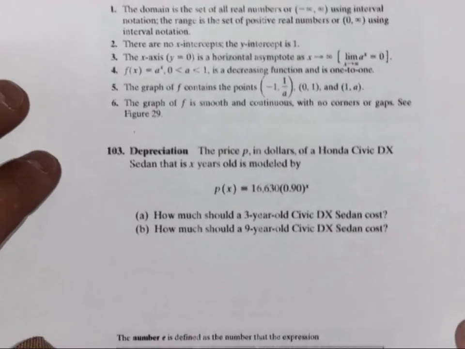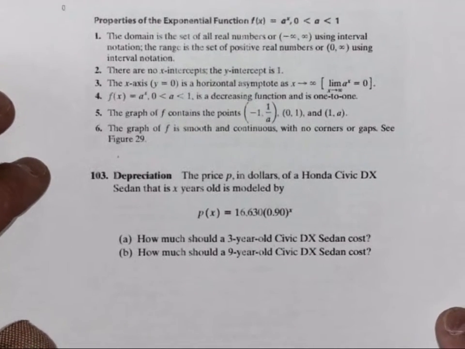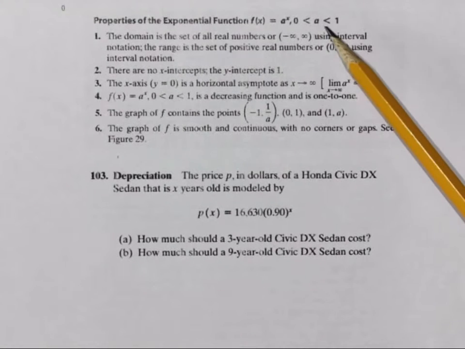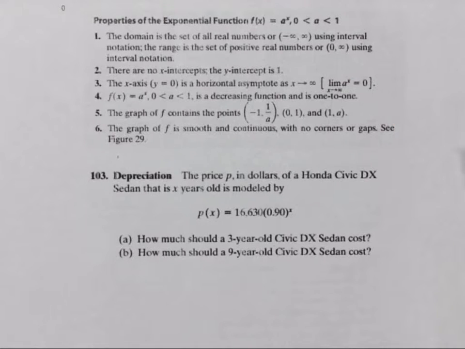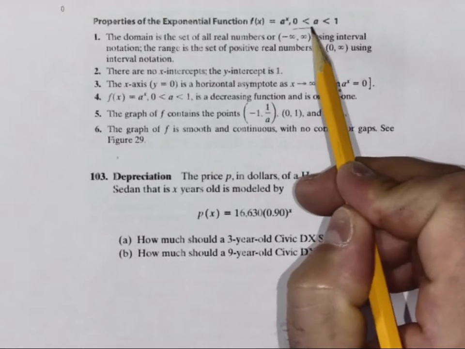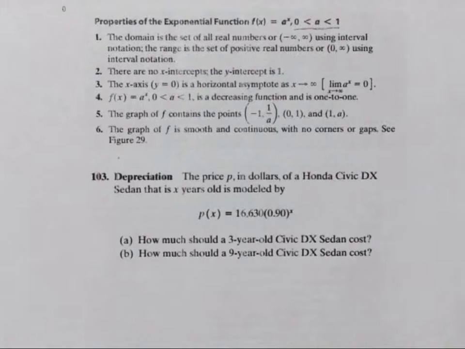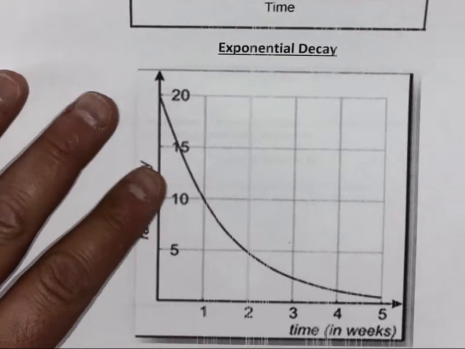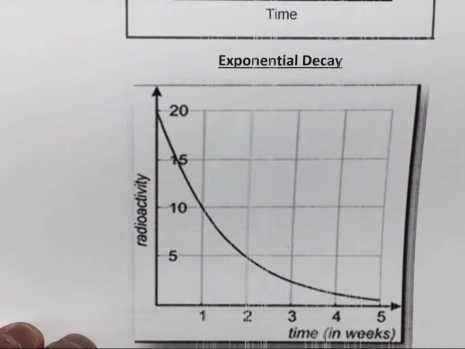The other type of exponential function we can have is exponential decay. This occurs when a is still positive but between 0 and 1. Okay. So this is an important aspect. And here's what a graph of exponential decay looks like. So this is an example.